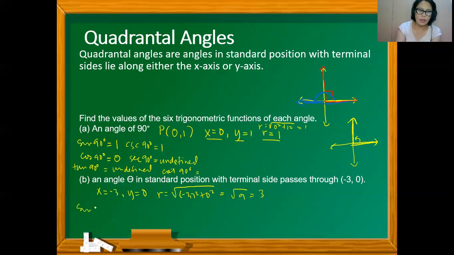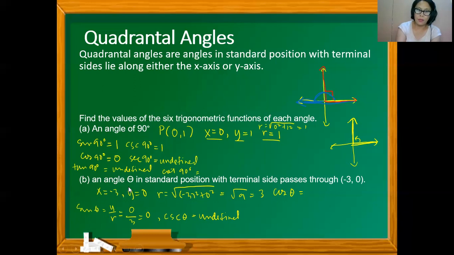So, again, sine theta is y all over r. Okay? So, we have y here equal to 0 and r is 3. So, this is 0. For cosecant theta, this is r over y. So, this will be undefined. For cosine theta, this is x over r.